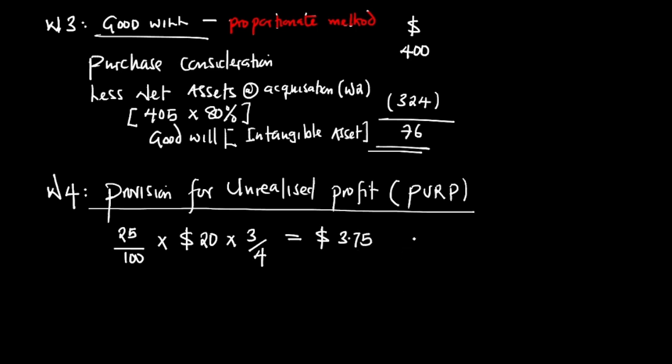Then here we would debit the other leg, we debit the retained earnings, and credit inventory.